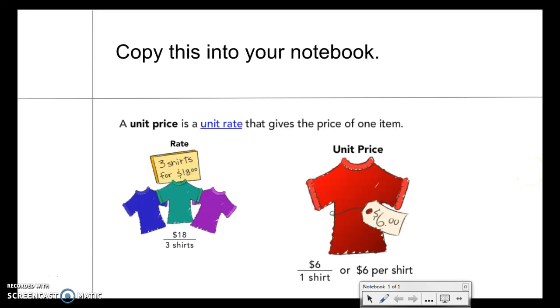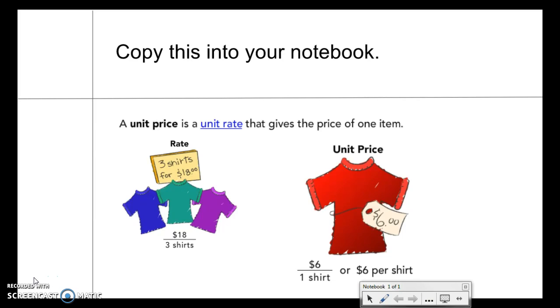Now, just like unit rates, a unit price gives the price of one item, like a unit rate gives the amount of one item. So let's say there was a sale at a store and they said, 3 shirts for $18. Well, you want to figure out how much each shirt would cost by itself.